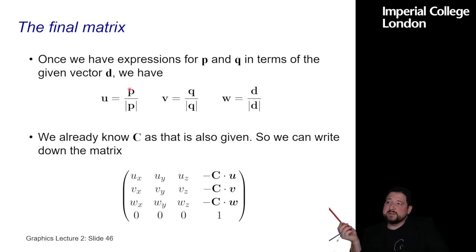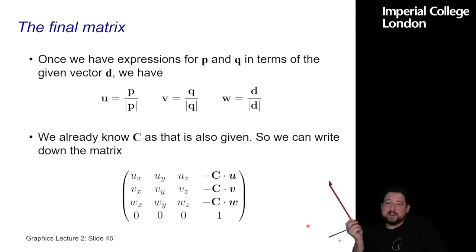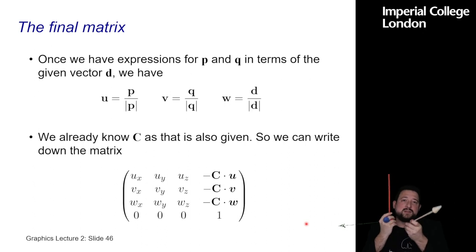So u is the unit vector along direction p, which has a 0 y component. V is the unit vector along direction q with the 1 y component. W is our view direction, so I can plug that back in. We know already c, which is our origin, and I have my transformation matrix defined simply by using the dot product along a given viewing direction and the transformation of my viewing coordinate system.